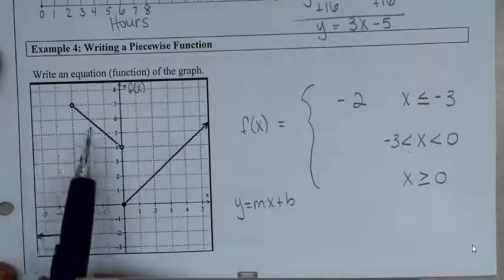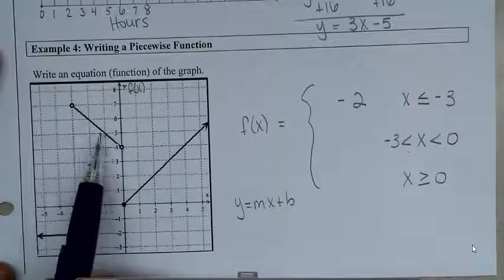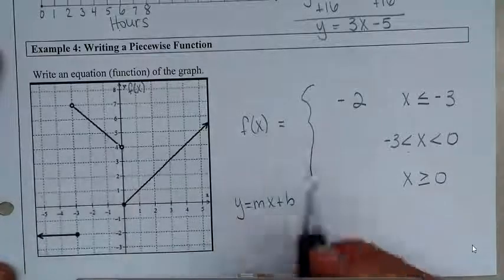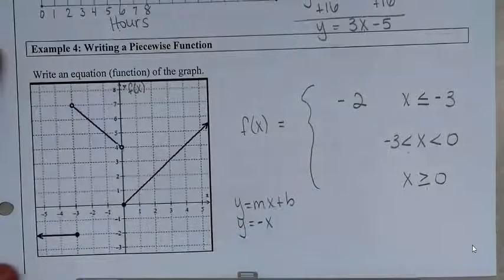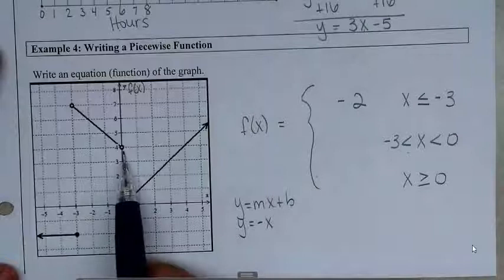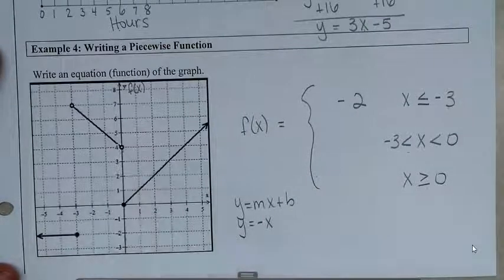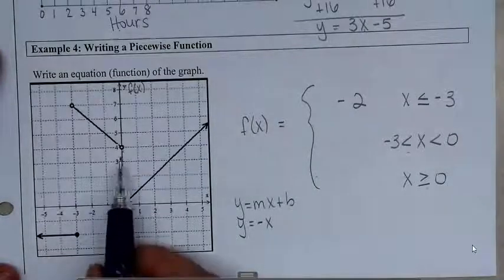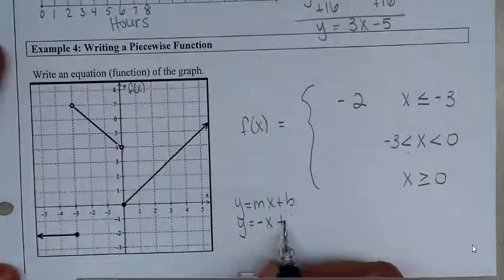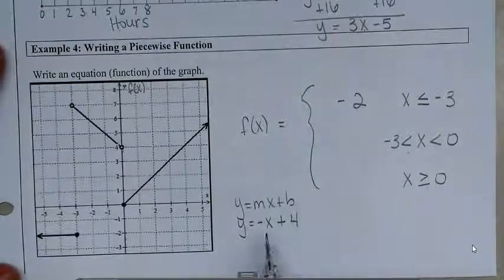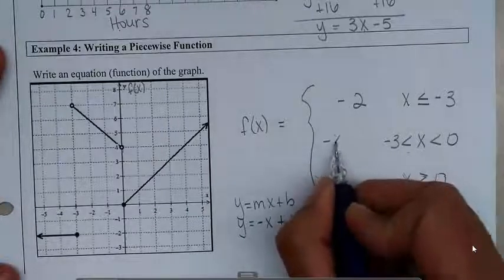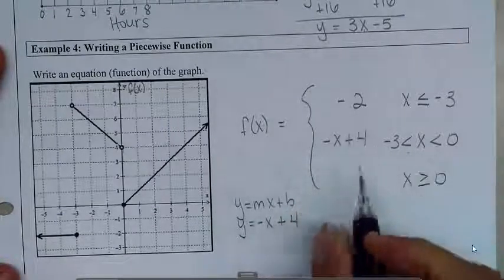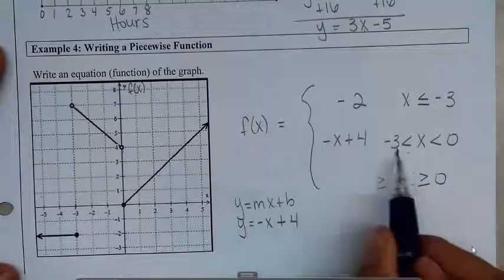So what's my slope? It looks to me like I'm going down 1 over 1. So it seems to have a negative slope. I'll just put negative x instead of negative 1. And it also has my y-intercept. Gosh, could this have gotten any better for us? My y-intercept is positive 4. So this equation then goes here for this piece. Negative x plus 4, that piece is equal to f of x in this domain.